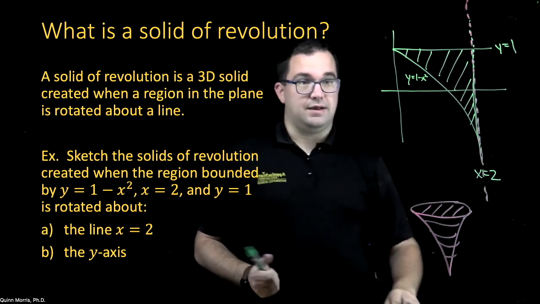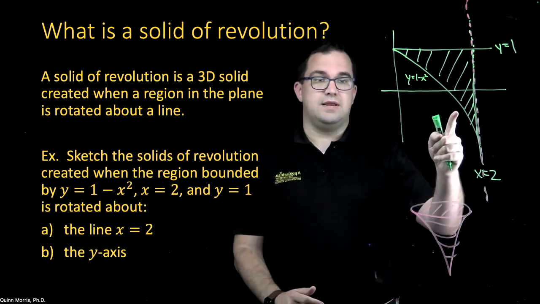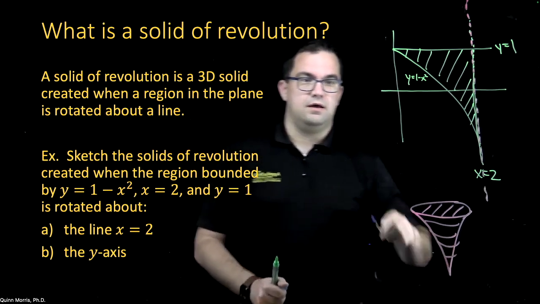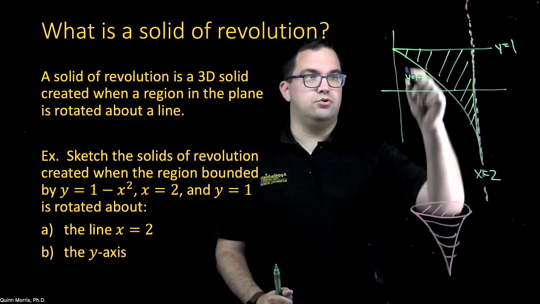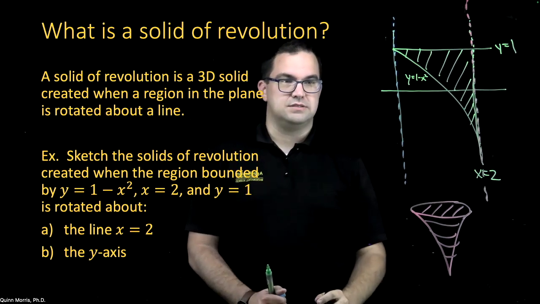I could also generate a different solid of revolution by rotating this around a different axis. So maybe instead of rotating it about the line x equals 2, I rotate it about the y-axis.